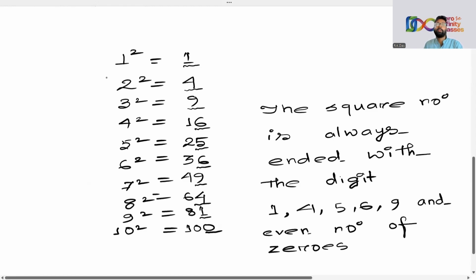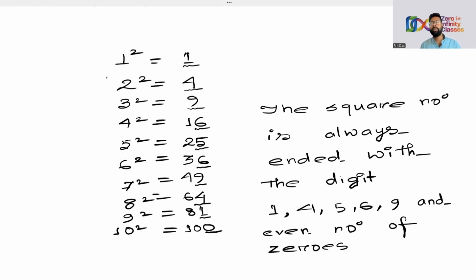So the meaning is, no matter which number you are squaring, the last digit will always be 1 or 4 or 5 or 6 or 9, or an even number of zeros.